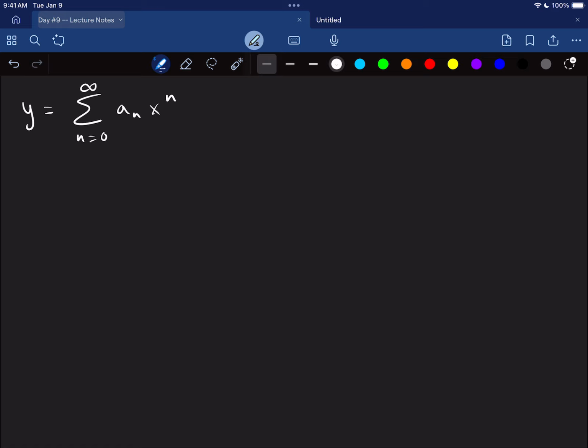This was our y. Now for a moment I'm going to dip into term by term land. You don't have to do this, but this will help us see what I'm doing. This power series can be written out like this.